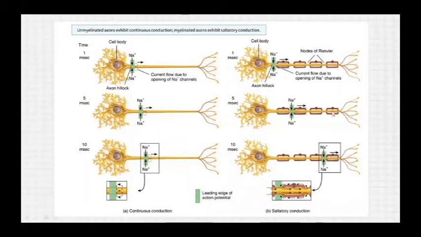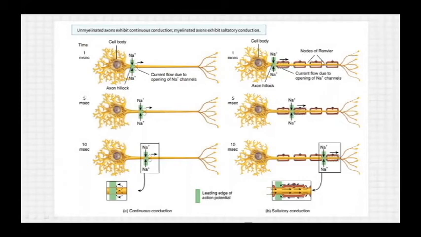Since there are nodes of Ranvier, the conduction of nerve impulses appears to leap from node to node because of the presence of the myelin sheath.